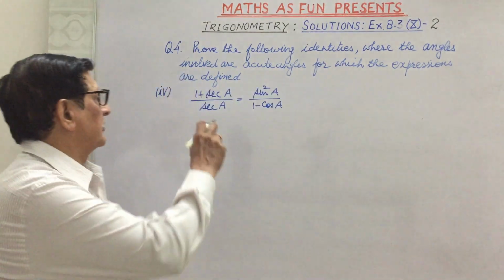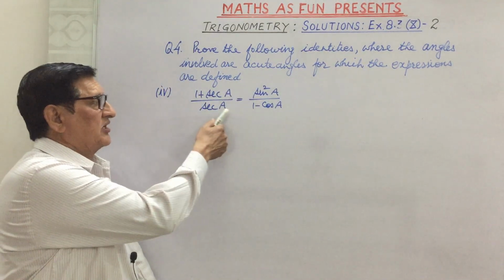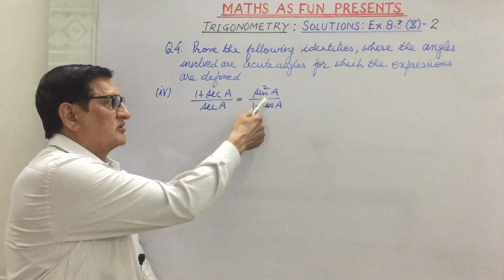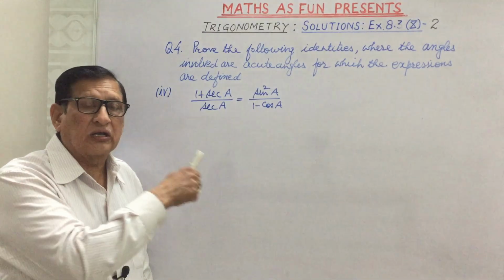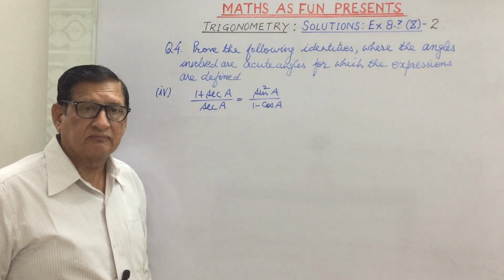The fourth part here is 1 plus sec A upon sec A equal to sin square A upon 1 minus cos A. To prove this, we can apply two different methods.